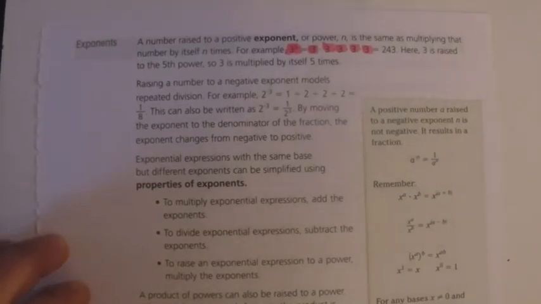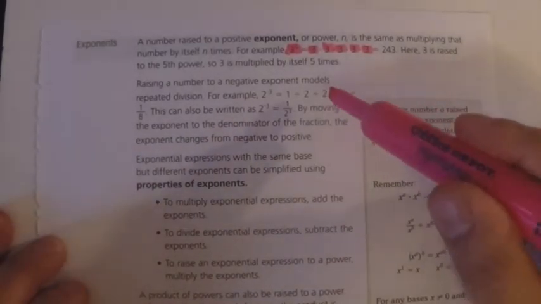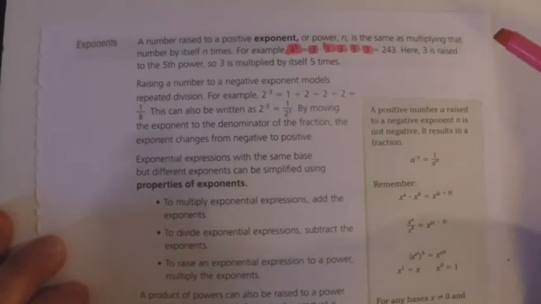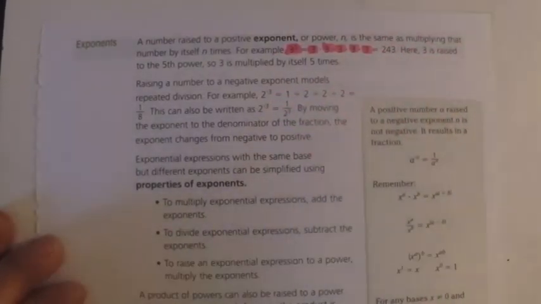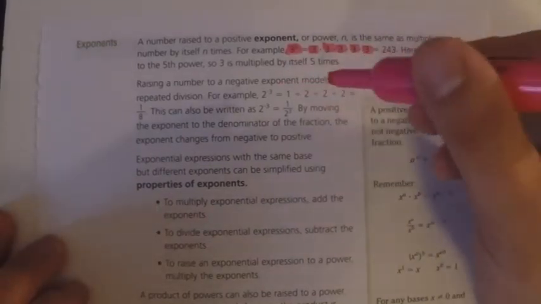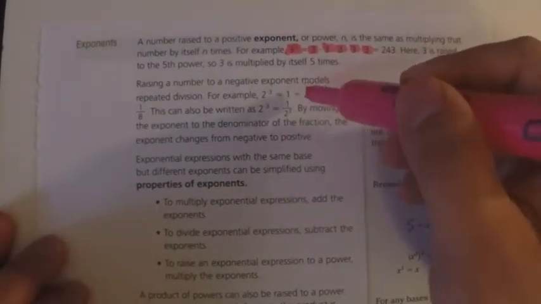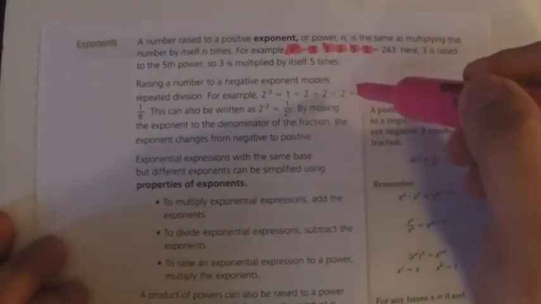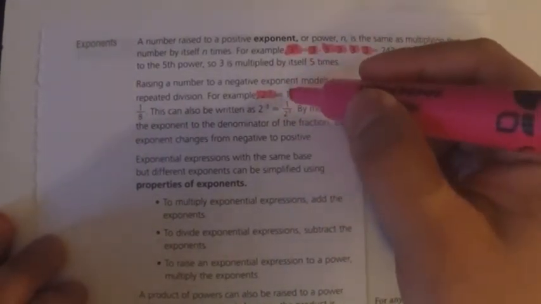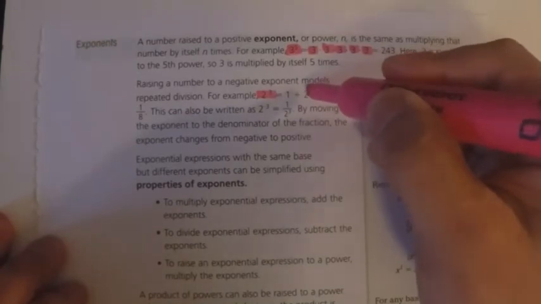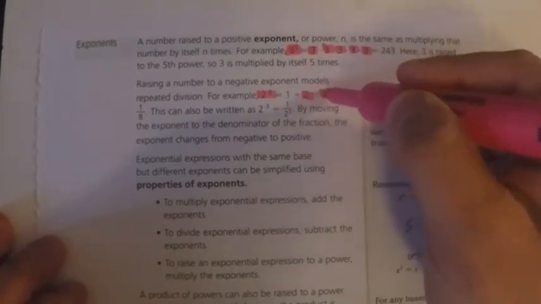Now it starts to talk about negative exponents. If we raise a number to a negative exponent, we're really saying that this is 1 divided by 2 by 2 by 2. So if we have 2 to the negative 3, we start off with 1, and then we divide it by 2 three times.